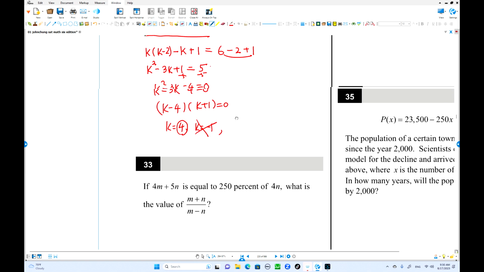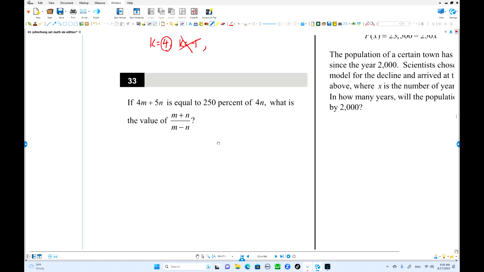Okay. Number 33. 4n minus 5n is equal to 250% of 4n. Just translate this into the algebraic expression form. 4n plus 5n equals 250%, which is 2.5 times 4n. So this will equal 10n, isn't it?